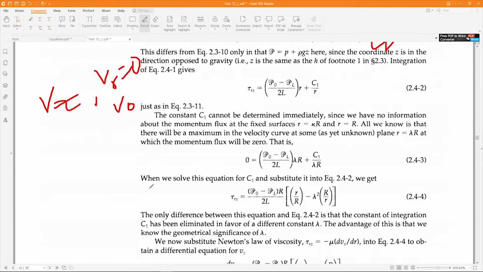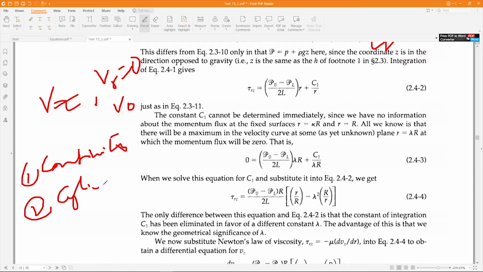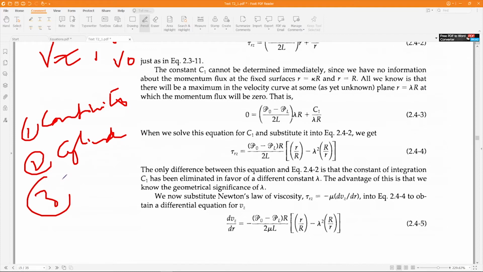Then first solve the continuity equation. If it gives you some equation, then go for the cylindrical coordinates equation of motion. Solve it. Then use Newton's law to get the velocity profile.